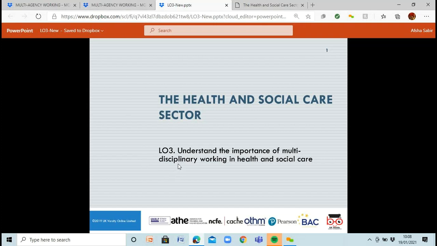So the health and social care sector, learning outcome 3, understand the importance of multidisciplinary working in health and social care. So over the next few slides, before we start on the actual assessment criteria, we're just going to be looking at what partnership working is and how it's come about.